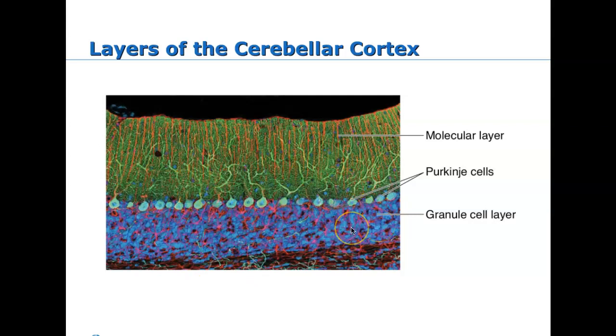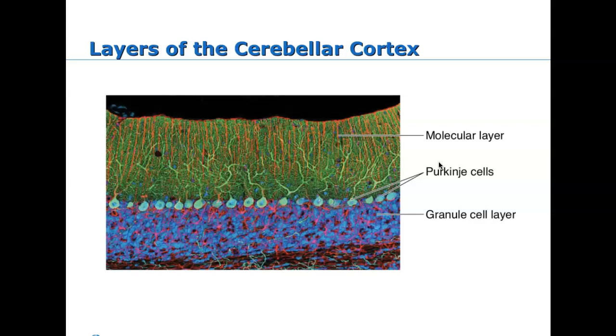And then the granule cells will synapse onto the fibers that run through the cerebellum, and then eventually these very large Purkinje cells are sort of the places where all the input converges, and the Purkinje cells are all inhibitory cells. The granule cells are all excitatory cells. The Purkinje cells are all inhibitory.